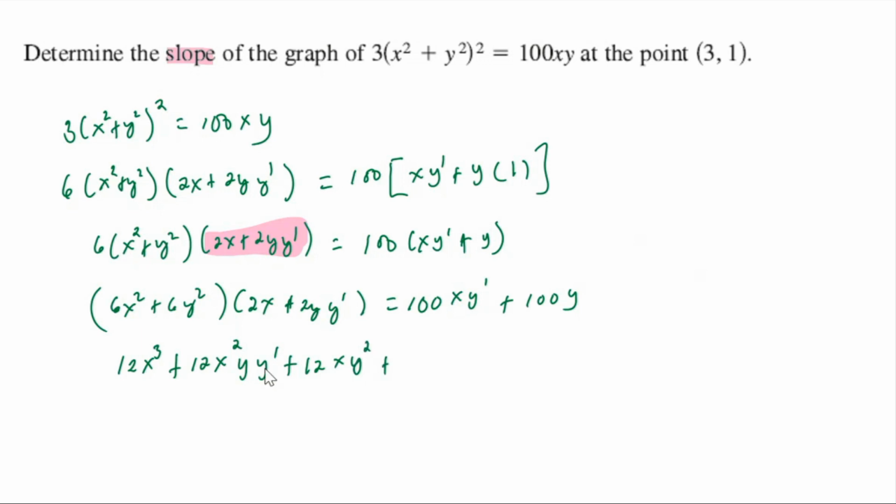Plus the last term, 6y squared times 2y y prime. We have 12y cubed and y prime, since 6 times 2 is 12, y squared times y is y cubed, and there's another one, which is y prime. So we have that equal to 100x y prime plus 100y.